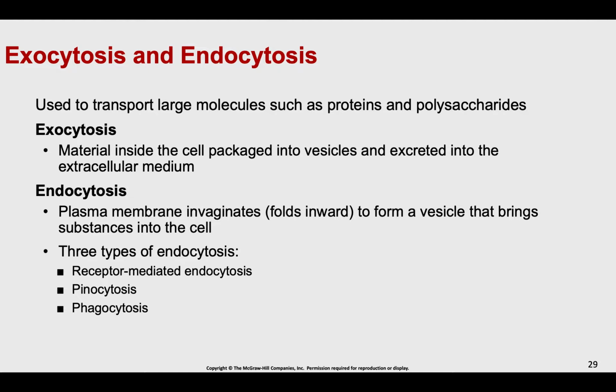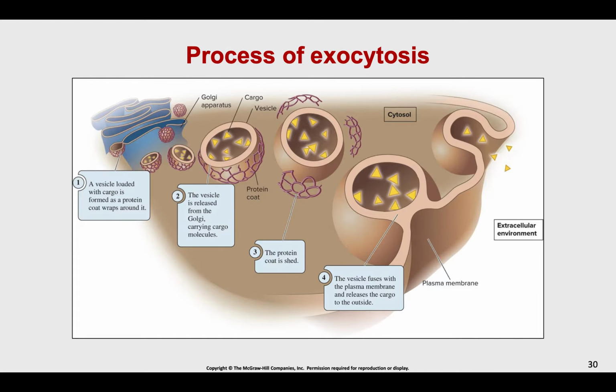So phagocytosis is found in phagocyte cells, such as macrophages, and they're going to take up particles such as bacteria, right, and basically destroy that bacteria with lysosomes. Right, so it's kind of a defense system in our bodies.